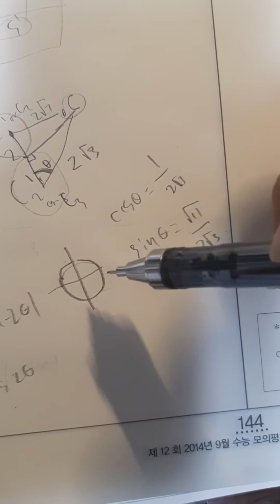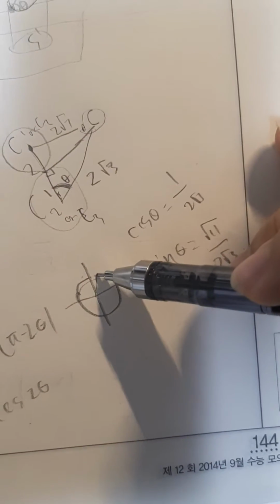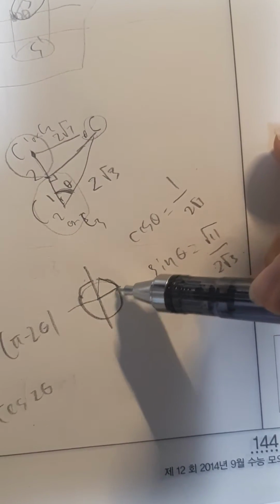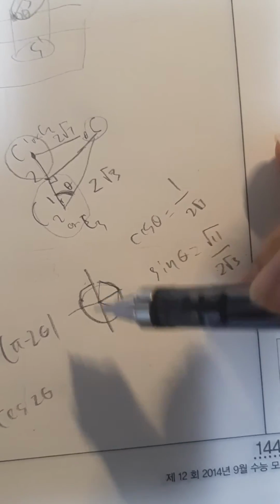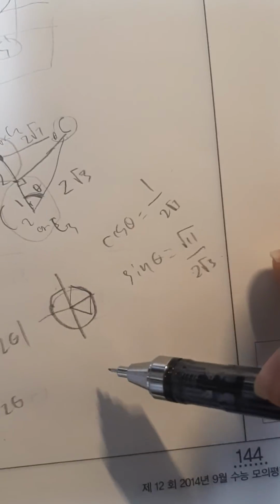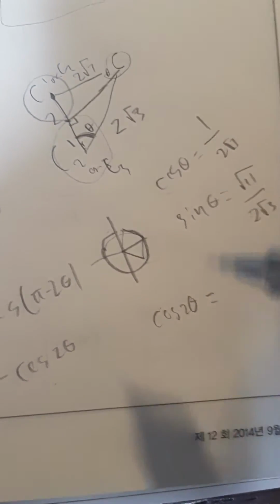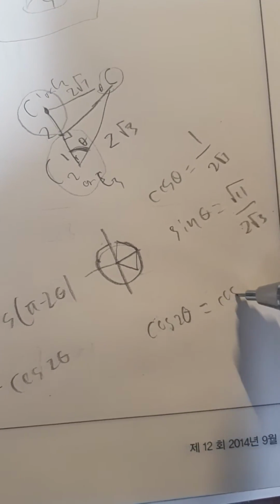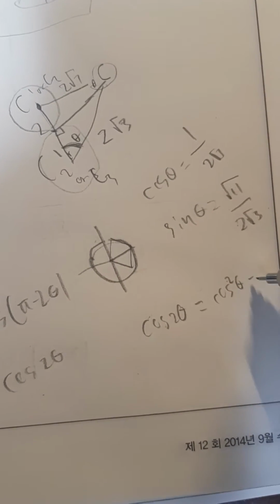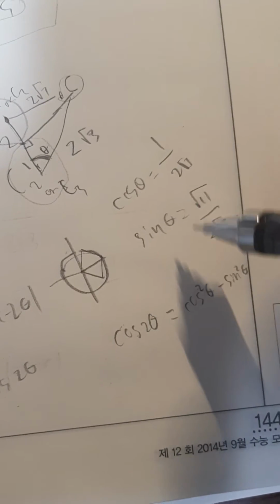This is an equation you get from when you do like this equals something like this. It's pretty complicated, but it's easy once you know. I'll tell you. Cosine 2 theta equals cosine squared theta minus sine squared theta.